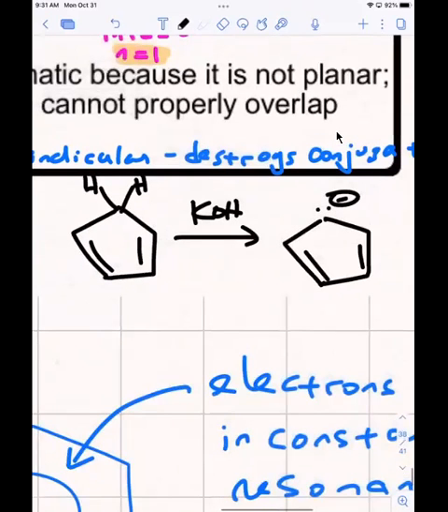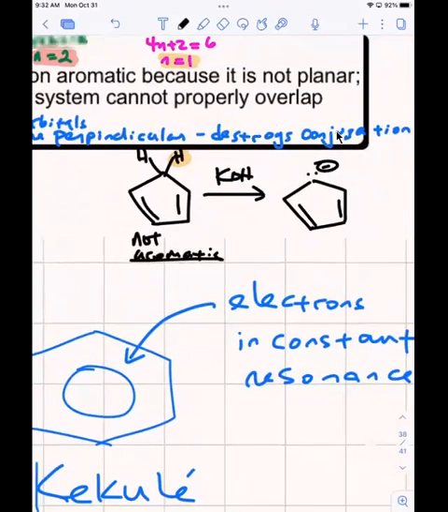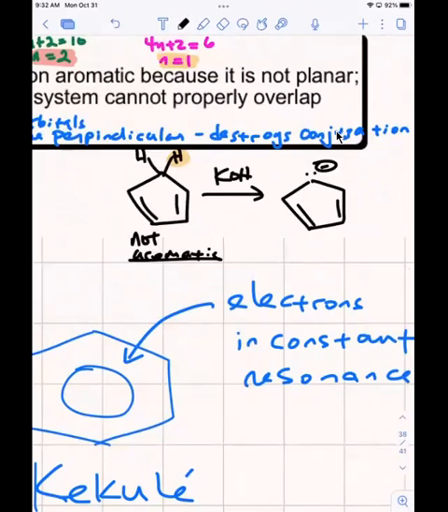You have to pull off one of these protons right here to get to that. So this is not aromatic. Why wouldn't that be considered aromatic?